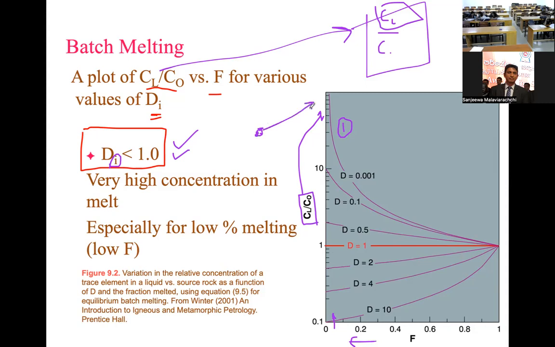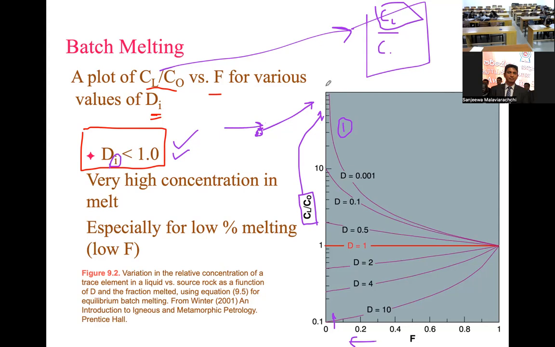The reason is this is an incompatible element. These incompatible elements are waiting for whenever a drop of melt is produced, just to see the initiation of the melting. As soon as the melt starts forming, even a drop of melt, a lot of elements of that kind will partition into that melt. So that's why you get a high concentration of that particular element.